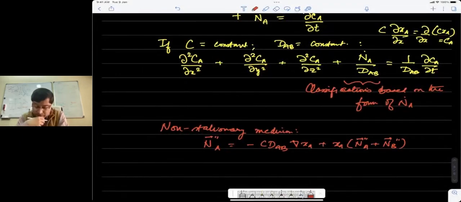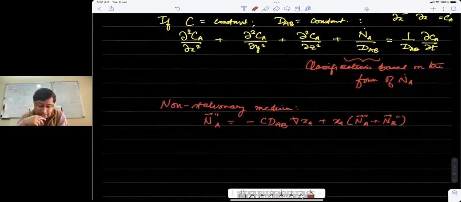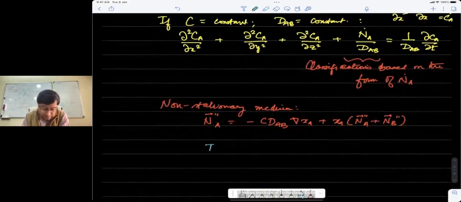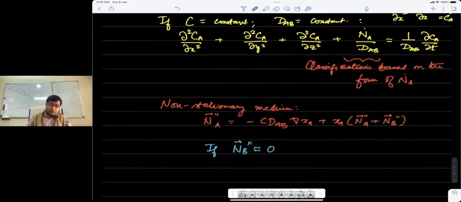Say I am working in a system where the flux of species b is negligible, which would mean that this will drop off. This is a small number.